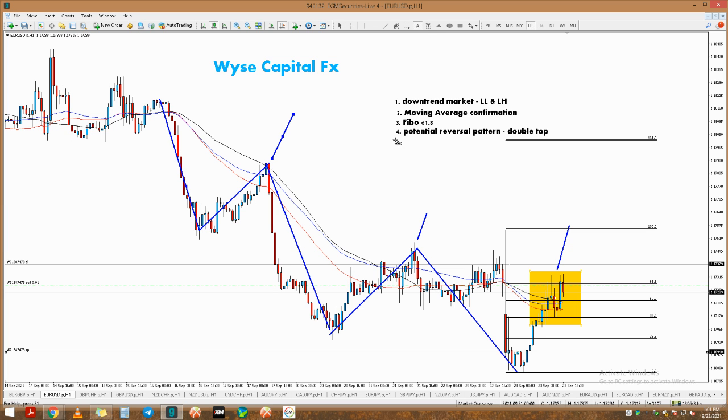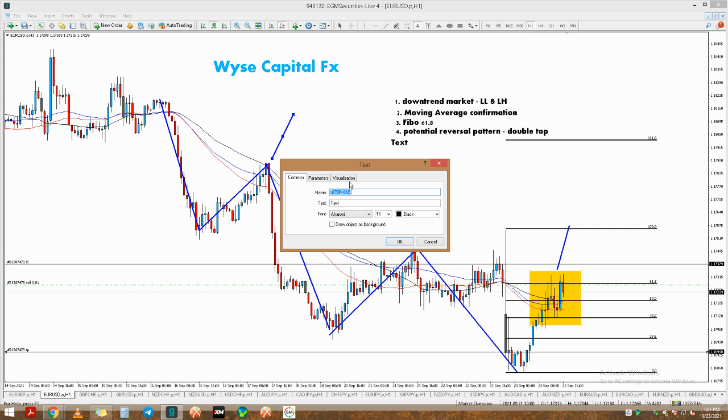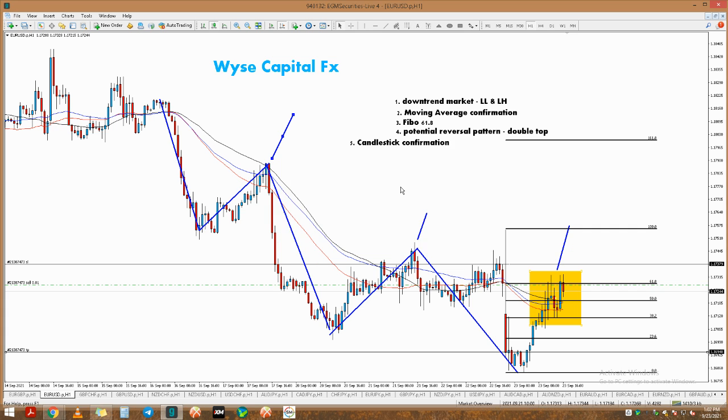So reason number 5 is we have candlestick confirmation. That is our 5th reason.